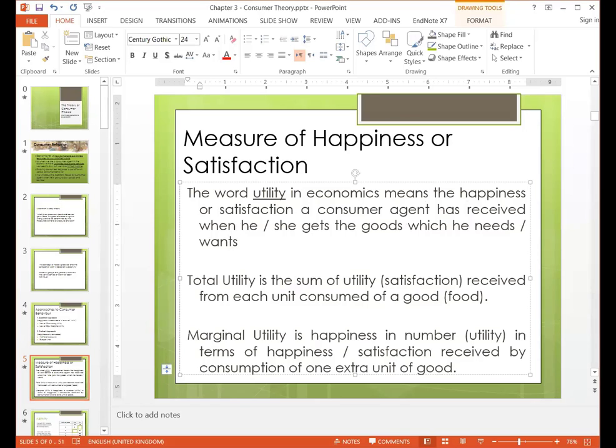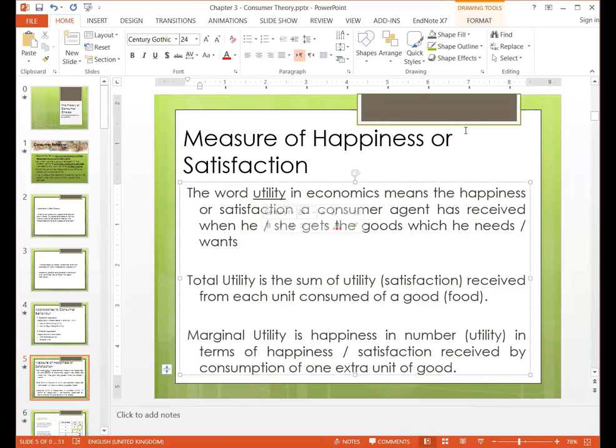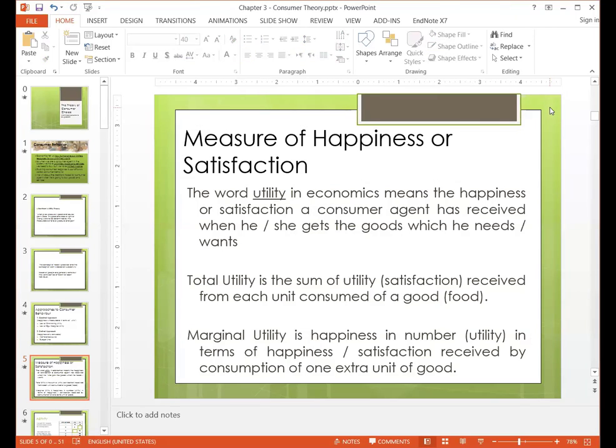Okay, so the idea is that when he is getting the goods that he needs, the achievement of getting those things will be shown in terms of happiness or satisfaction, and the unit of happiness or satisfaction is utility, or the common term for happiness is utility, or it also means what we call usefulness.